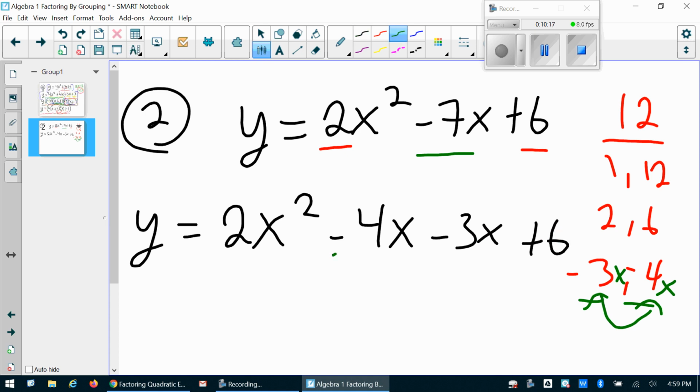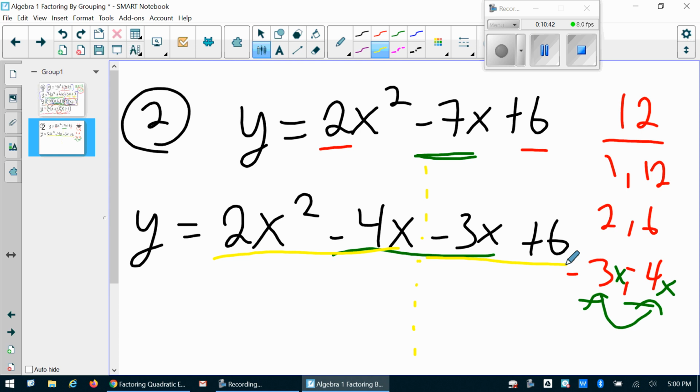Okay, so again, what I've underlined in green, those are equivalent. The reason I put the negative 4x first is because our next step is to split this up. And when I split it up, I have these two together, and then I have these two together.